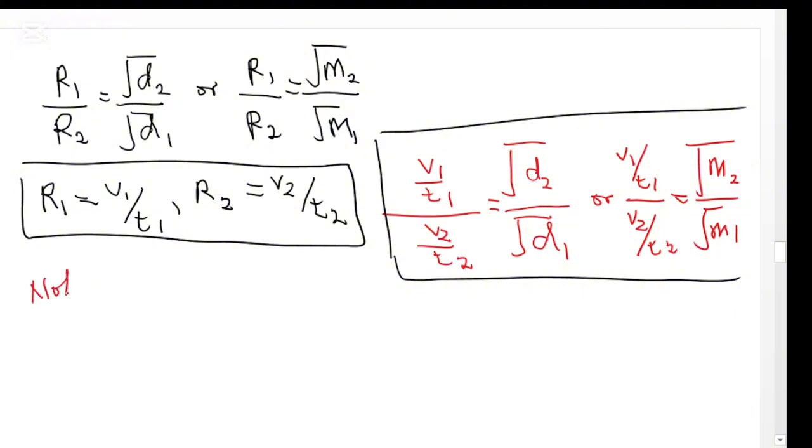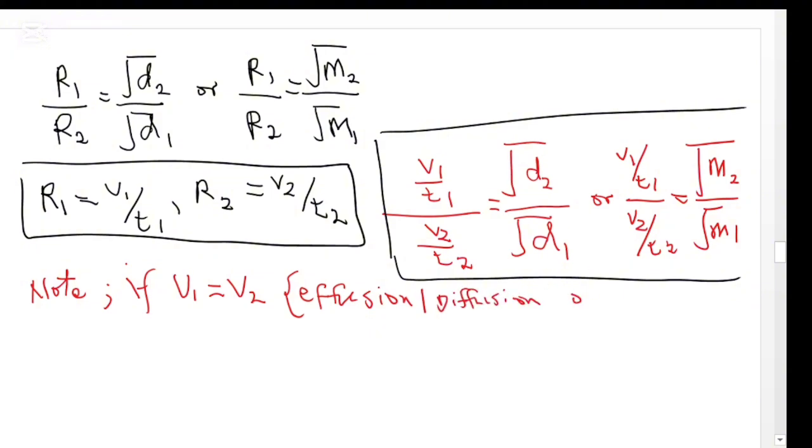Note, if the volumes are the same, that means if V1 is equal to V2, you are going to have a different equation, meaning that effusion or diffusion occurs in the same container. So if it occurs in the same container, it means that V1 will most likely be equal to V2. So when you have that, you can bring in the equation again.